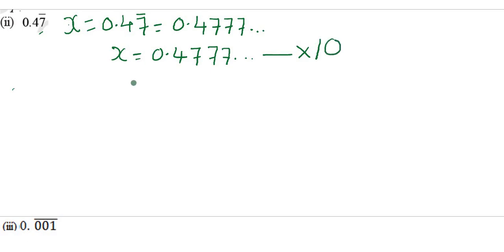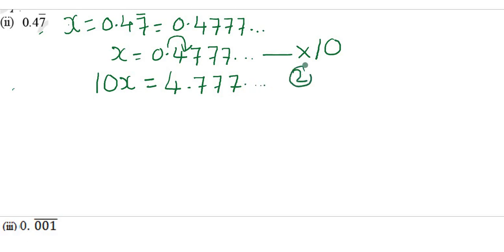Now what happens here? After multiplying, the LHS becomes 10x and the RHS becomes 4.7777. This is equation number 2 and this is equation number 1.